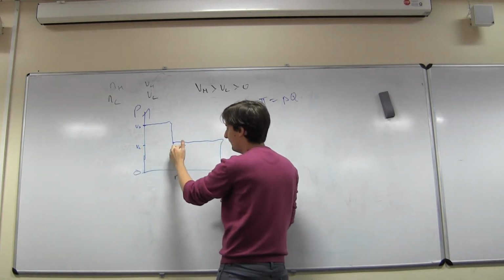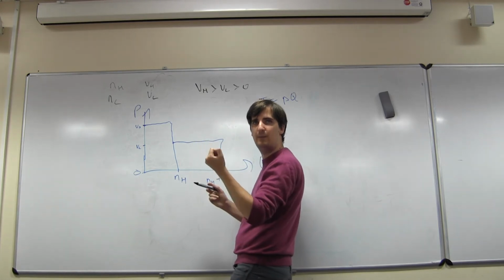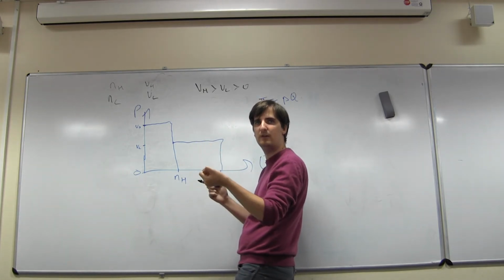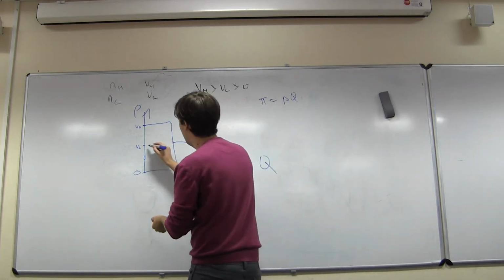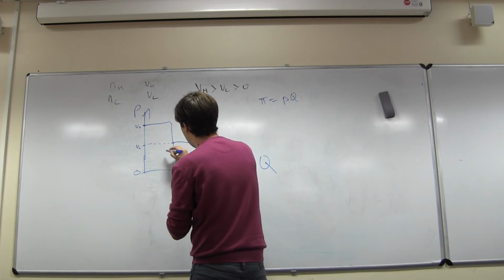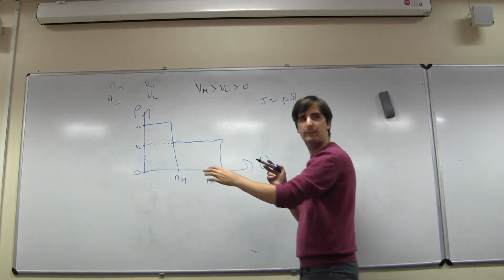And again, just as before, there's no point setting a price less than VL, because you're not getting any extra consumers. So you might as well set a price of exactly VL. So in this other possibility, he's going to get this area, this little square plus that big square.